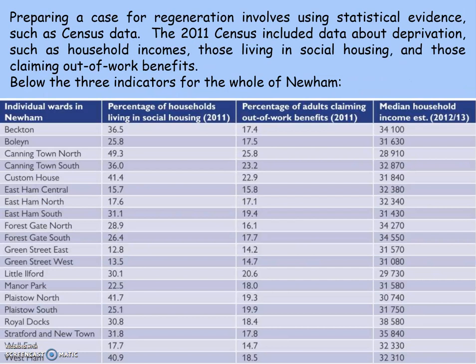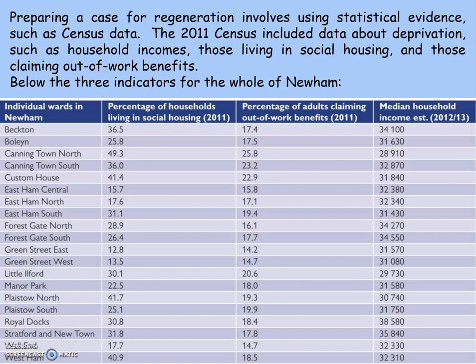Now, before going into a little bit more detail on what has happened in that area, I just want to step back a bit. If you think about preparing a case for regeneration, it's always very important to use statistical evidence such as census data to say what the needs are.